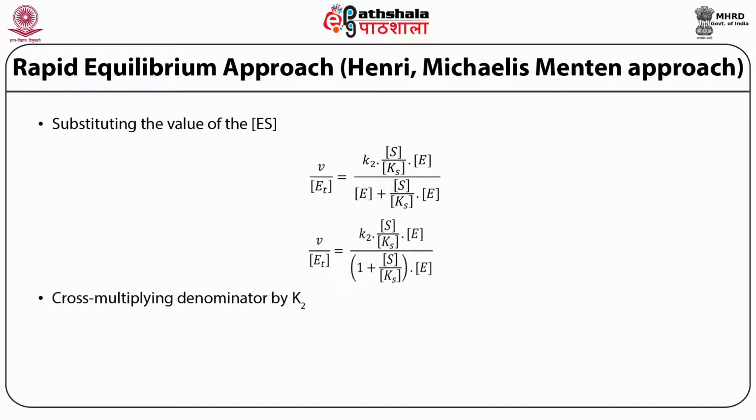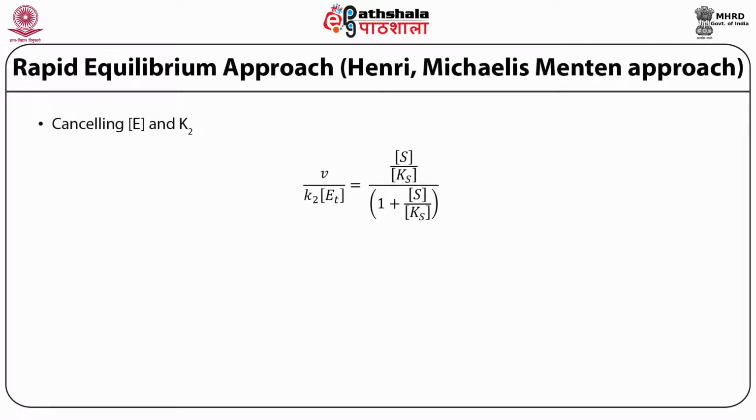When you cross multiply the denominator by K2, the equation becomes V0 is equal to K2 into ET is equal to K2 into substrate concentration divided by Ks into concentration of free enzyme divided by K2 in bracket 1 plus substrate concentration divided by Ks multiplied by free enzyme.